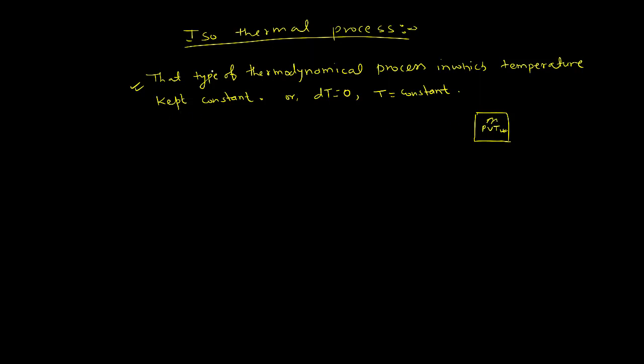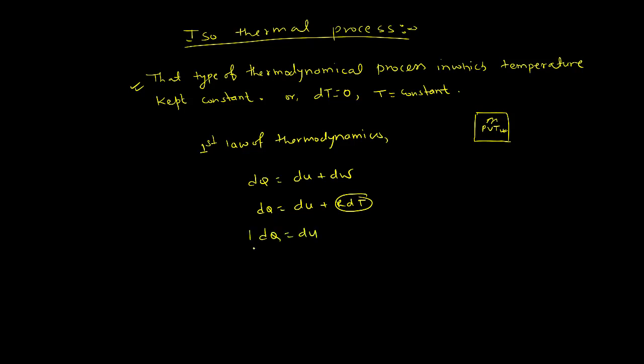Now for isothermal process, from the first law of thermodynamics, dQ equal to dU plus dW, or dQ equal to dU plus R dT. Here the temperature is constant, so dT is 0, so dQ equal to dU. This is the valid relationship for the isothermal process.